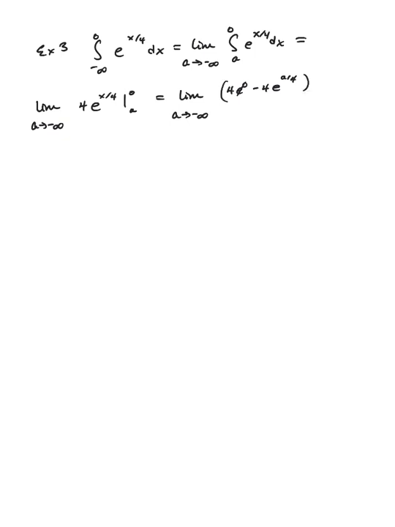And then for the second part, you have to be careful here, because you're going to have negative infinity divided by 4. The 4 is pretty irrelevant when you're dividing infinity by something. So that's going to end up looking like this: the limit as a goes to negative infinity of 4 minus 4 times e to the a over 4.